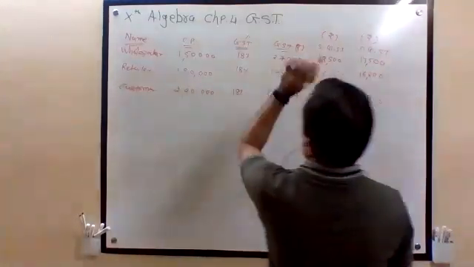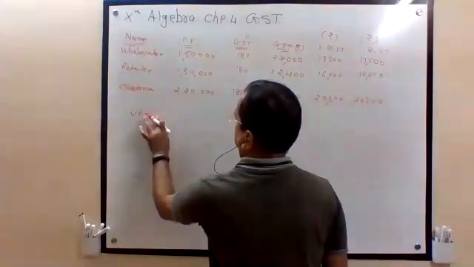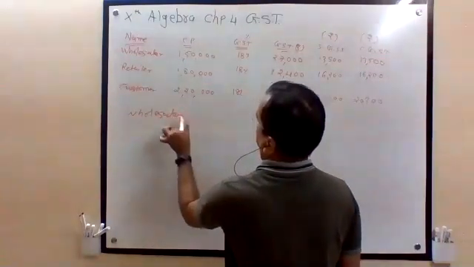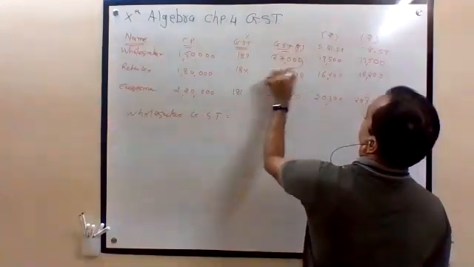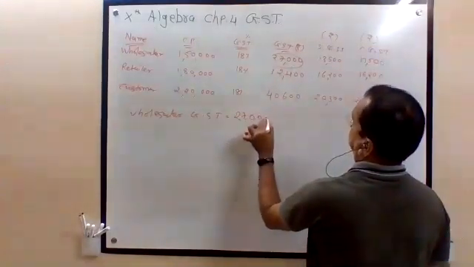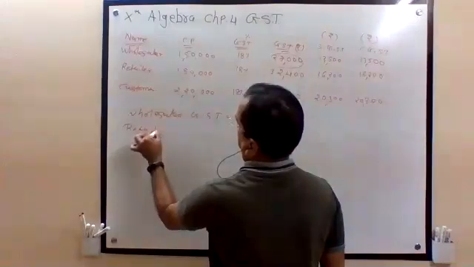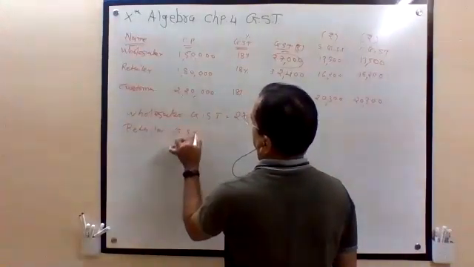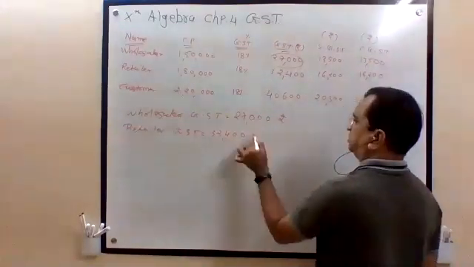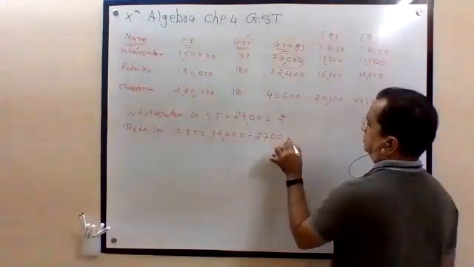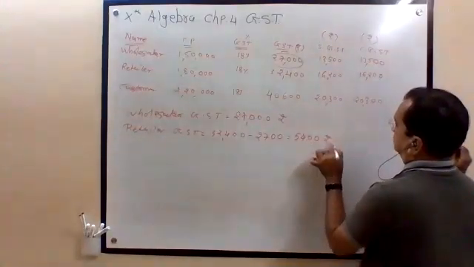Okay. So the wholesaler will directly pay. Wholesaler's GST is equal to 27,000. But retailer's GST is equal to 32,400, because this much is paid. So 5,400 rupees.